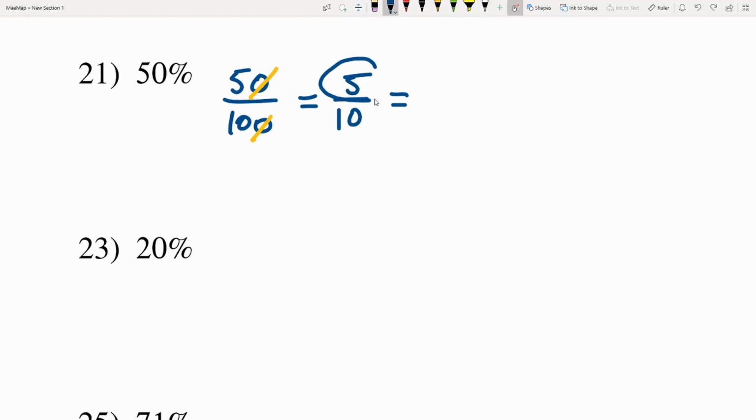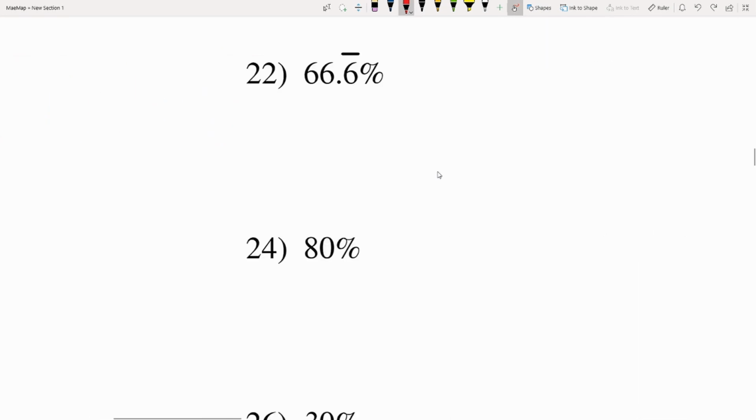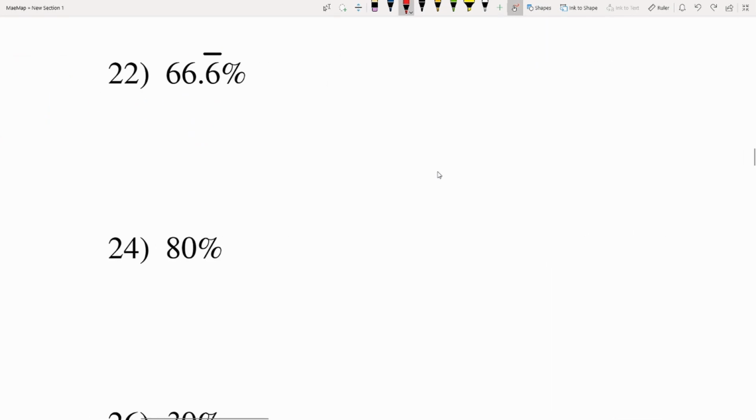So if I divide my numerator by 5, I get 1, and if I divide my denominator by 5, I get 2. So 5/10 is equal to 1/2. So 50% is 1/2.